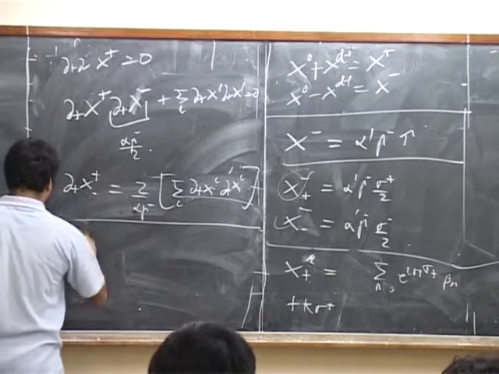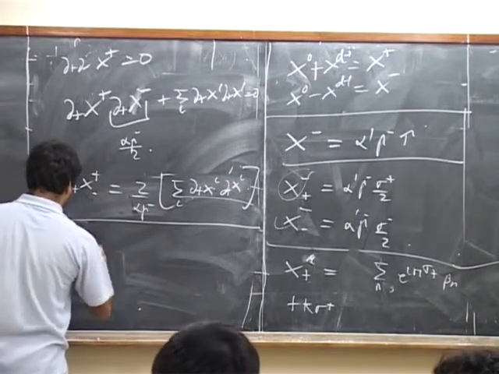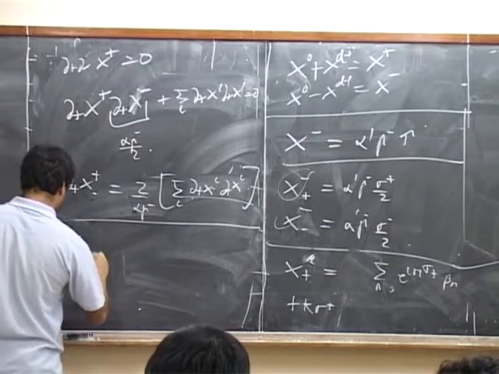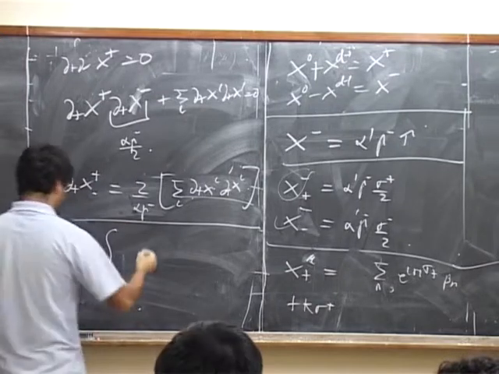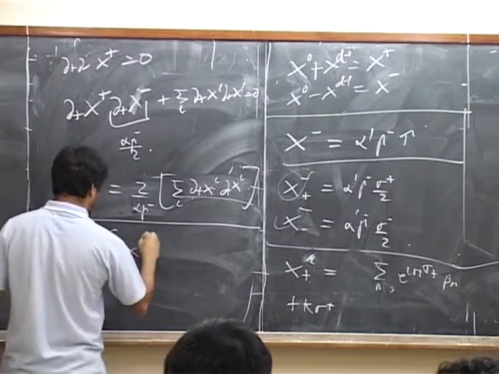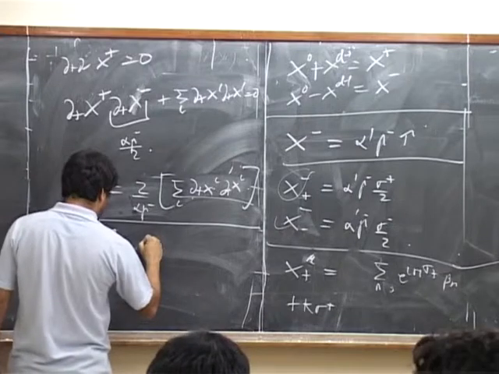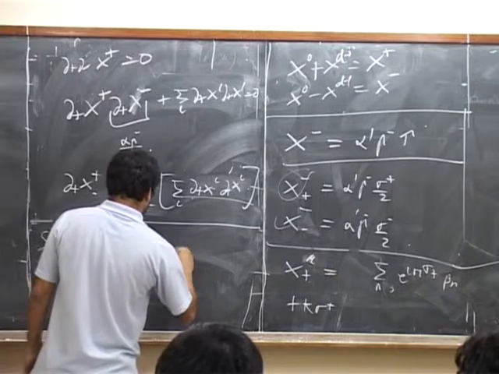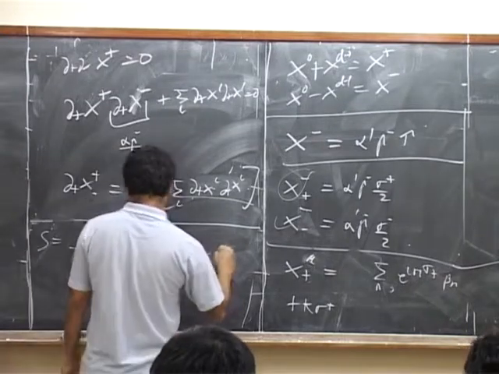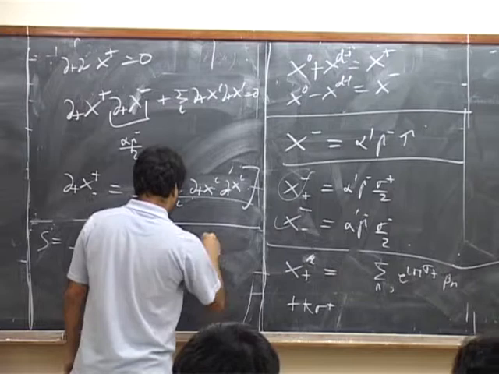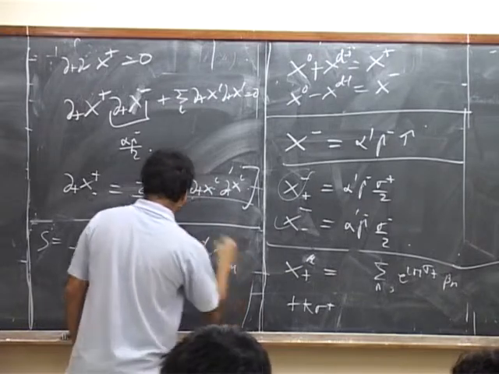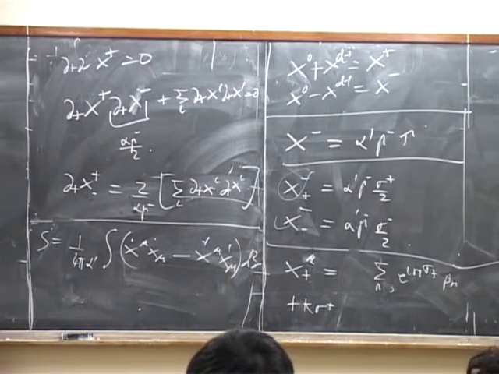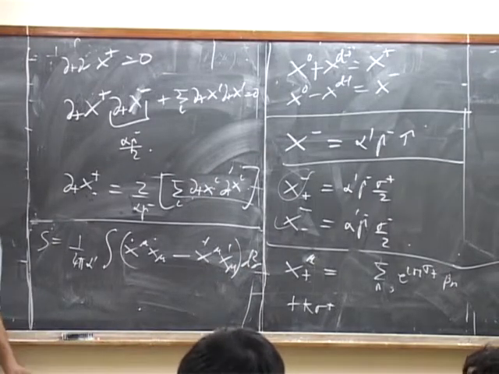Our action was equal to minus 1 by 4 pi alpha prime, and we had x mu dot minus x mu prime, d tau d sigma.